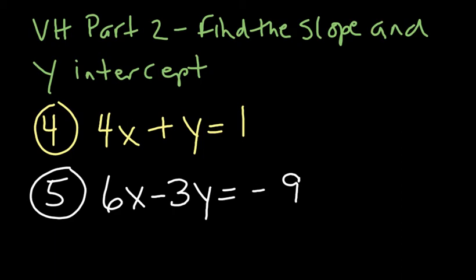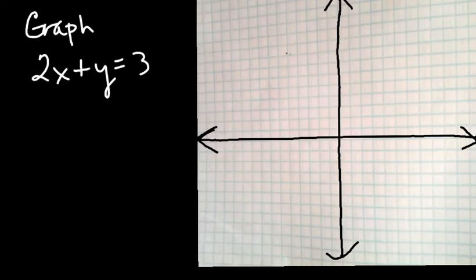Okay, now you can also use slope-intercept form to graph an equation. It's the next way to learn how to graph. So you're going to need the slope and the y-intercept. So on this one, first we have to get it in slope-intercept form.